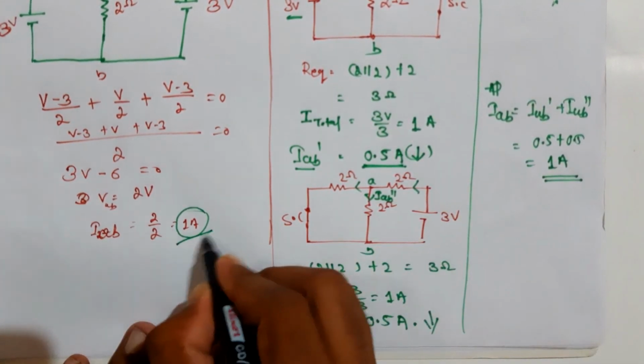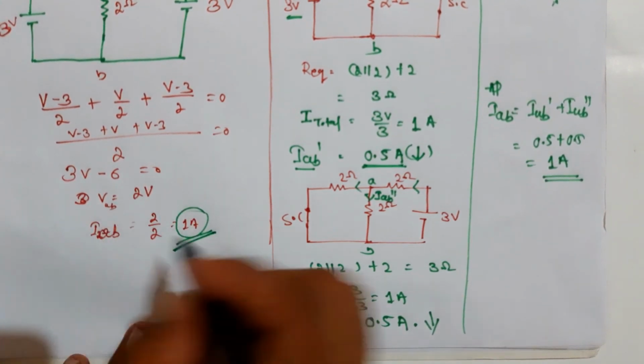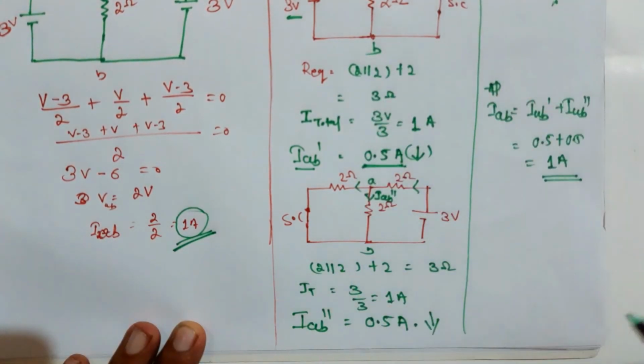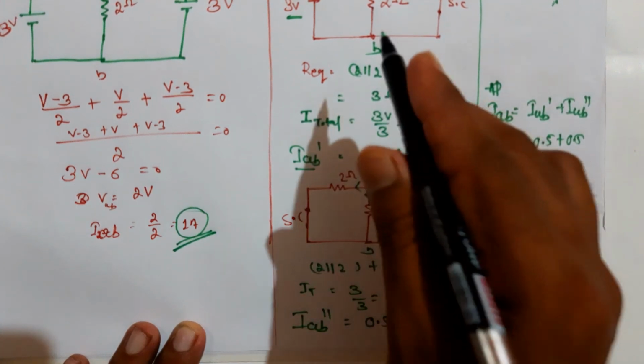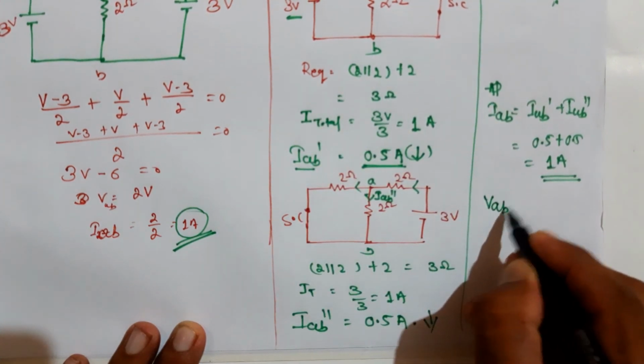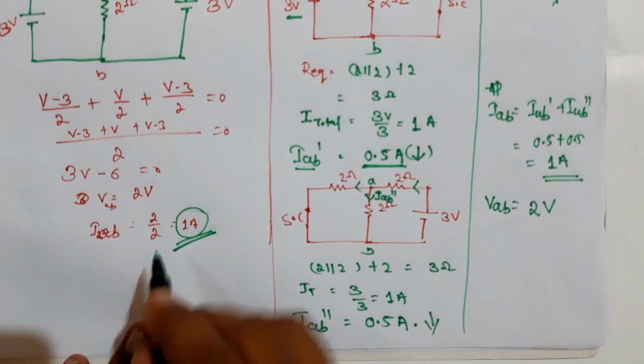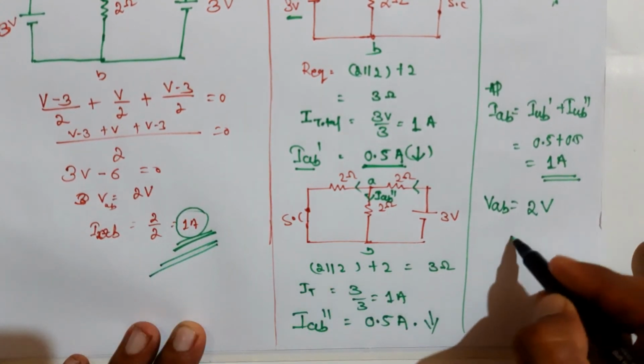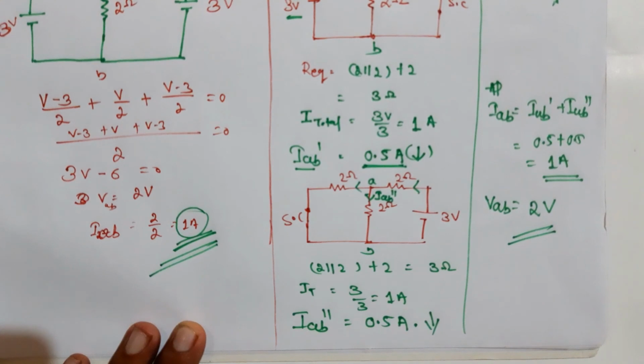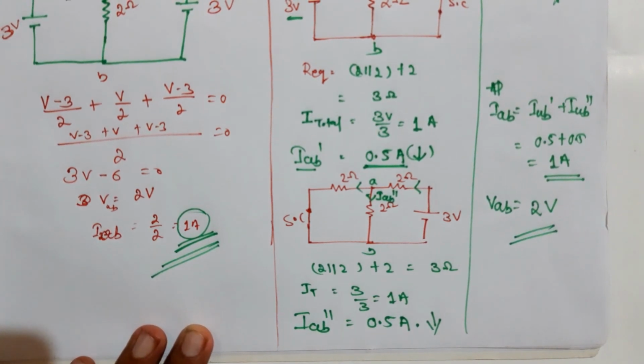Superposition theorem is proved. If you consider finding the voltage, then this 1 ampere multiplied with 2, then VAB is equal to 2 volt, okay. Fine, this and this are proved, superposition theorem is proved, okay.